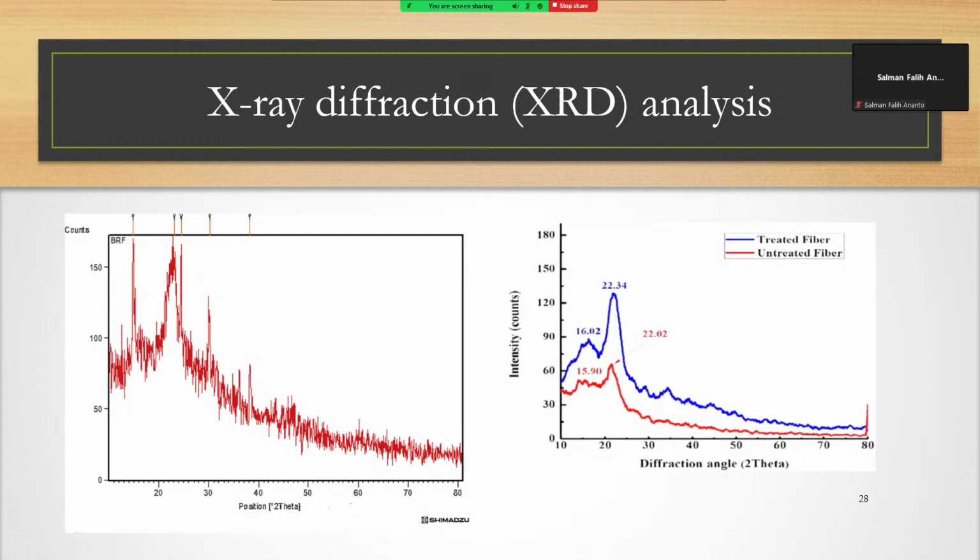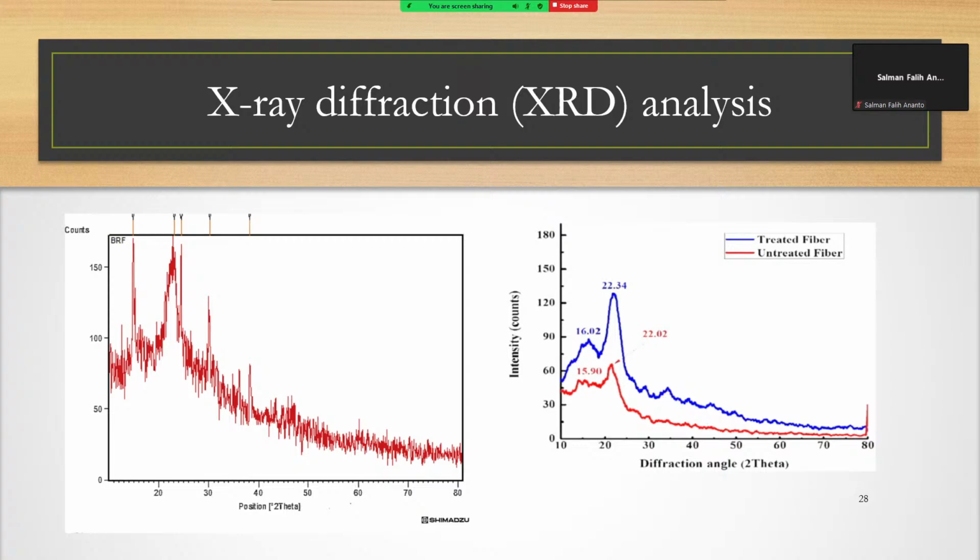The first peak represents the diffraction angle, 2 theta, equal to 16.02 degrees and 15.90 degrees for treated and untreated fibers respectively. The peak at about 16 degrees is usually attributed to amorphous constituents.